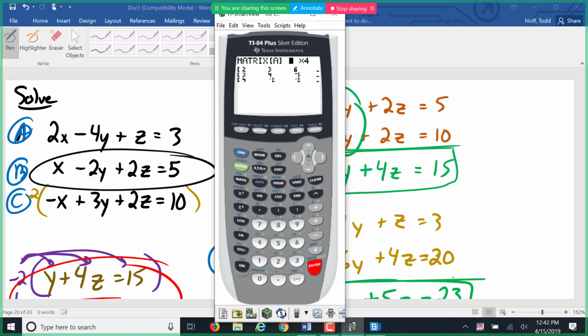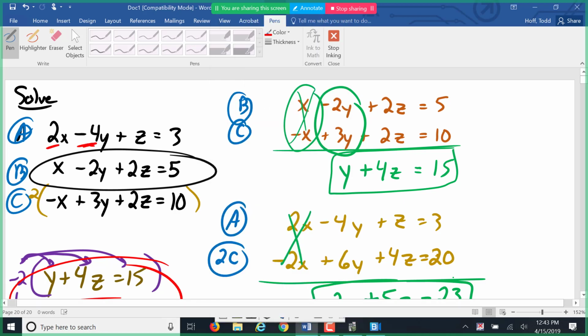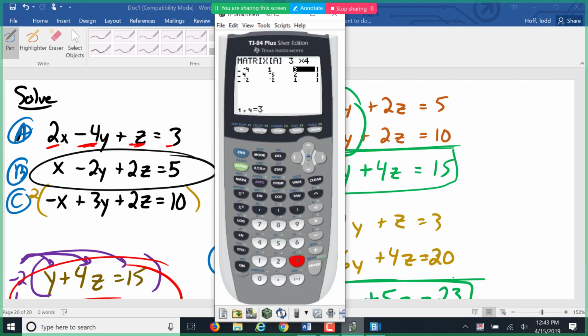So this is already defined to be a 3 by 4 matrix, which is the right size here. That'd be 2, -4, 1, and 3. That's just the top row, 2, -4, 1, and 3. Second row would be 1, -2, 2, and 5. Third row, -1, 3, 2, and 10.